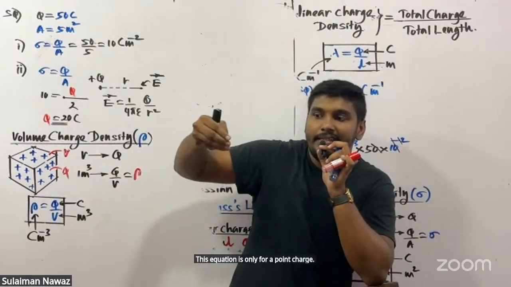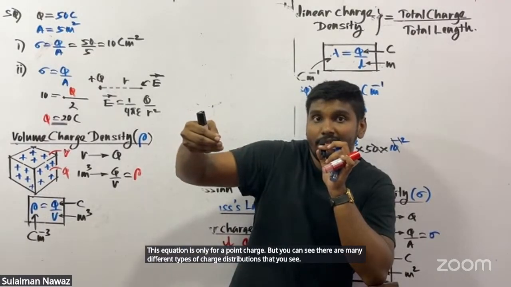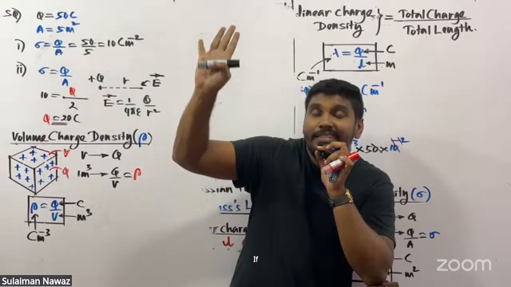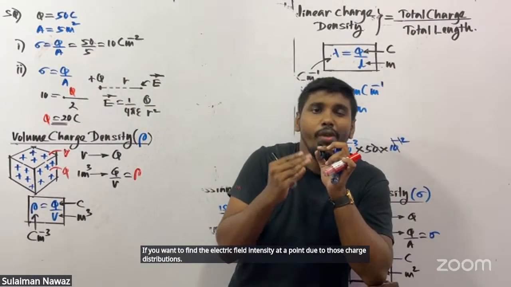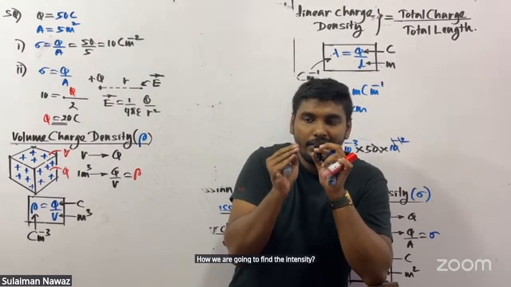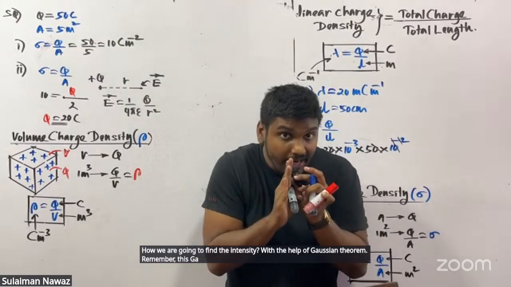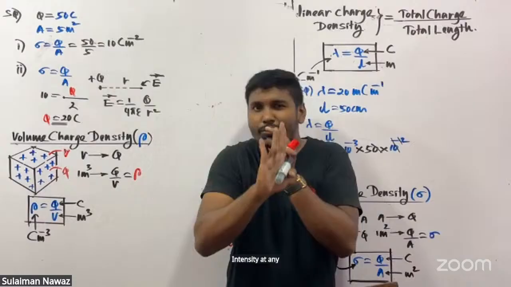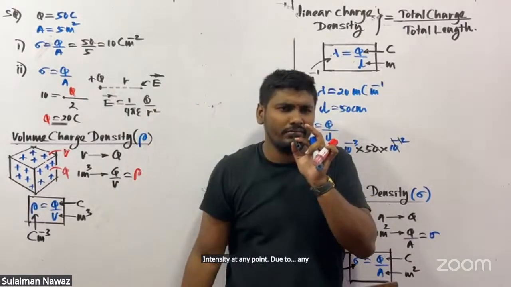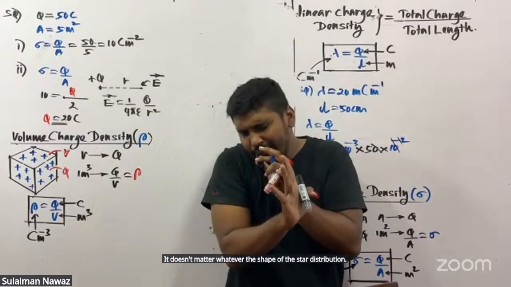If you want to find the electric field intensity at a point due to those charge distributions, how are we going to find it? With the help of Gaussian theorem. Remember, we can use Gaussian theorem to find intensity at any point due to any charge distribution. Whatever the shape of the charge distribution, it doesn't matter.